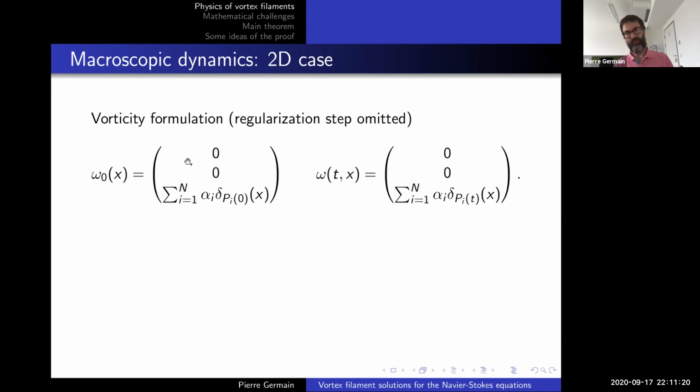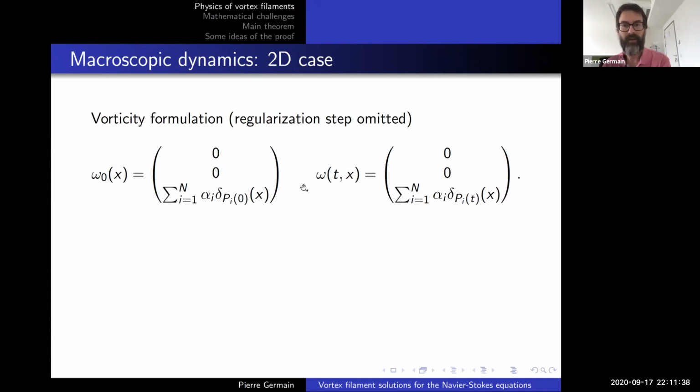So if you try to embed this in a three-dimensional picture, it just corresponds to a number of straight lines, each carrying vorticity.